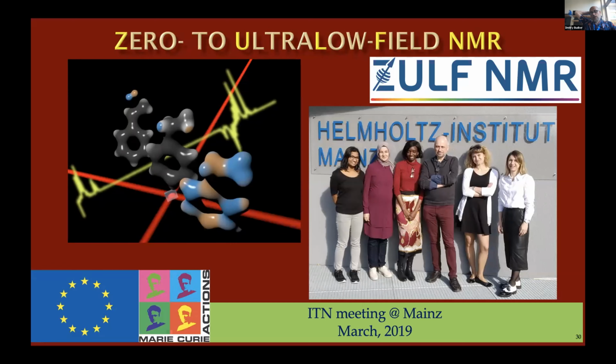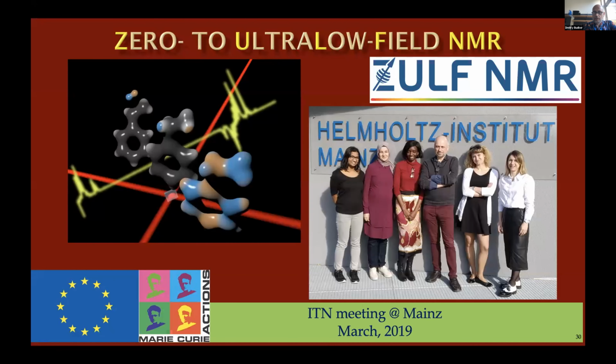So I want to say that the zero field nuclear magnetic resonance used to be a bit of a fringe in NMR, but it is changing now. A few years ago, we were able to convince the Marie Curie organization to finance an innovation training network, which has now trained about a dozen PhD students in this field in Europe.